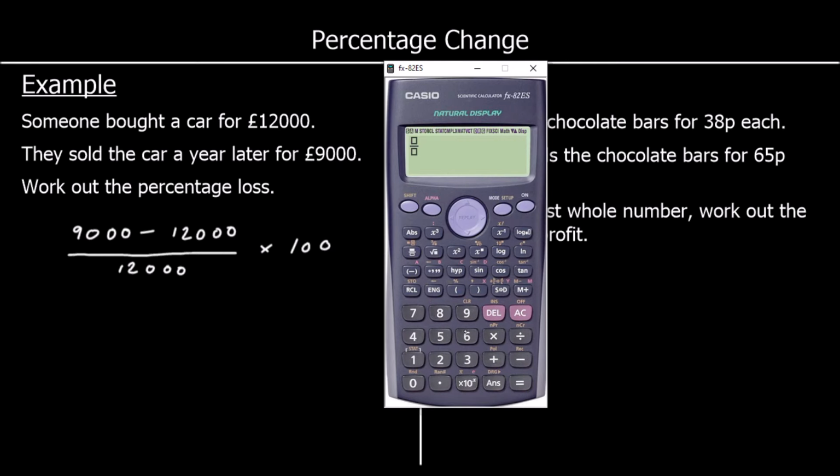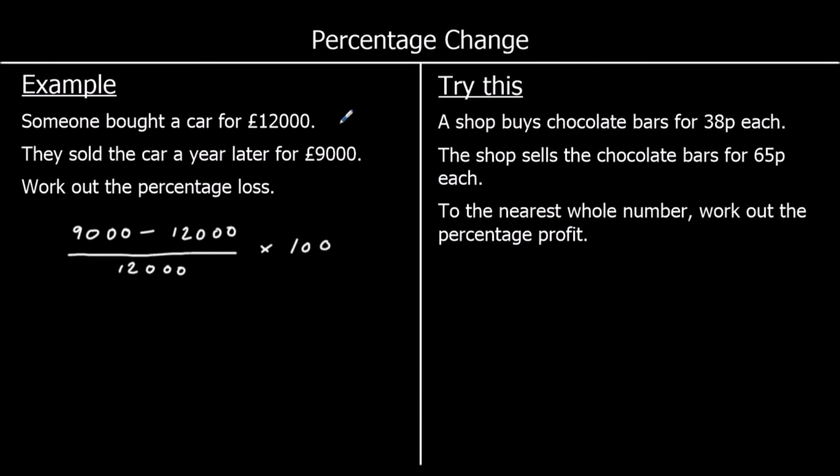So fraction button, new minus original over the original times 100. So I've got minus 25. So the percentage change is minus 25%.